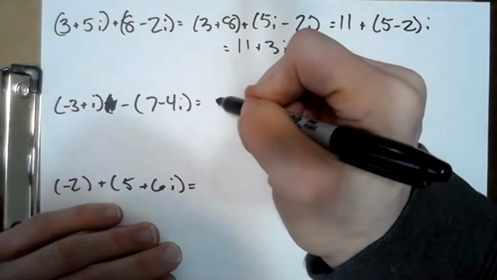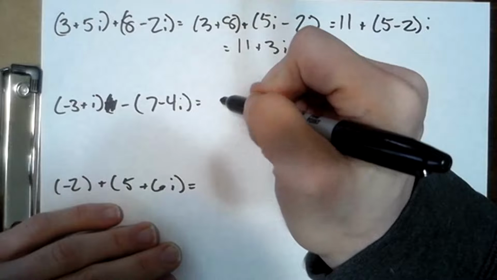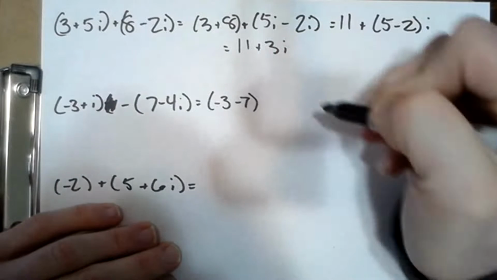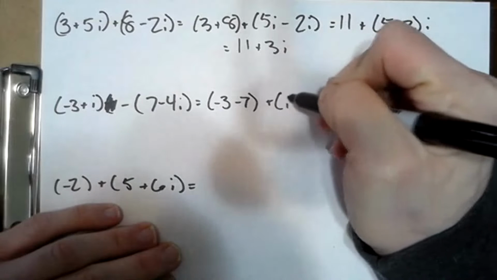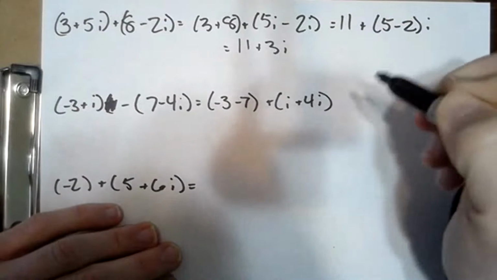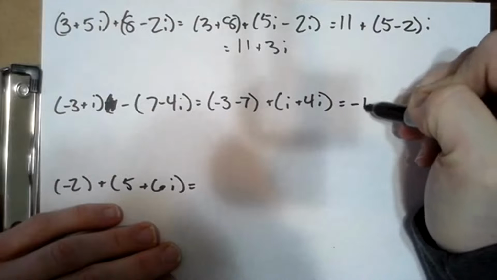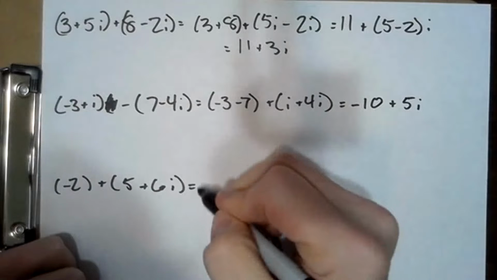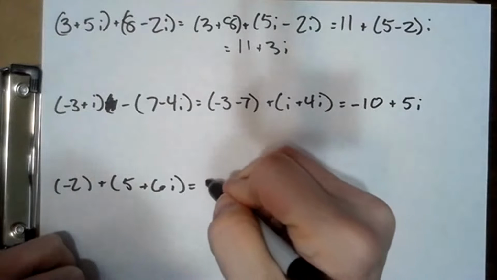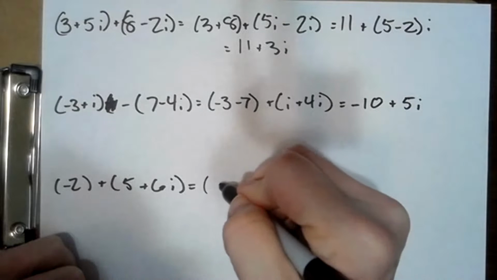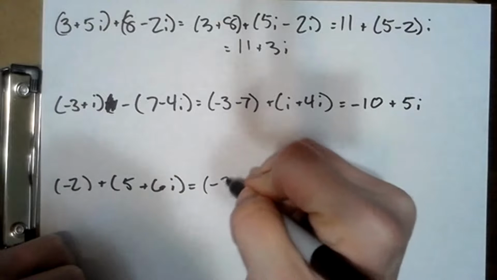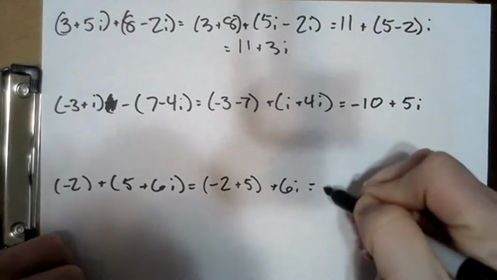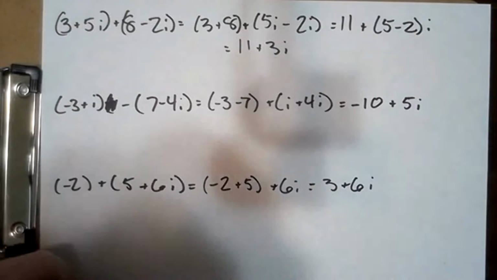For -3 plus i minus 7 minus 4i, we get -3 minus 7 plus i plus 4i, which will give us -10 plus 5i. Finally, we have -2 plus 5 plus 6i, and I can just rearrange my parentheses here to get -2 plus 5 plus 6i, which gives us 3 plus 6i.